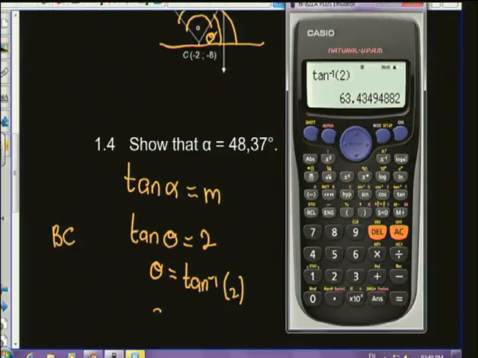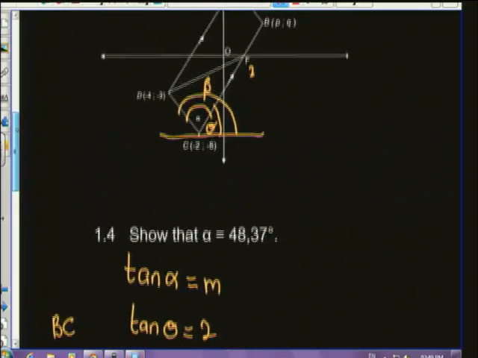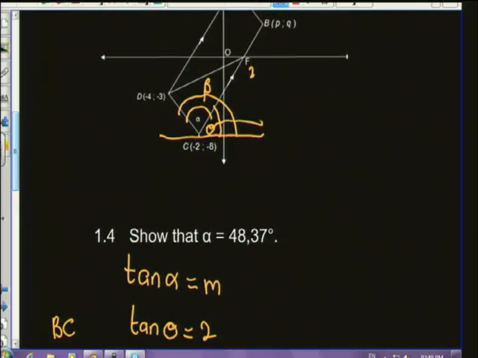So it means that my theta is equal to 63.43 degrees. Right, so we've got that guy. Well, let's see if we can work out alpha now. Sorry, not alpha, beta, the big angle.